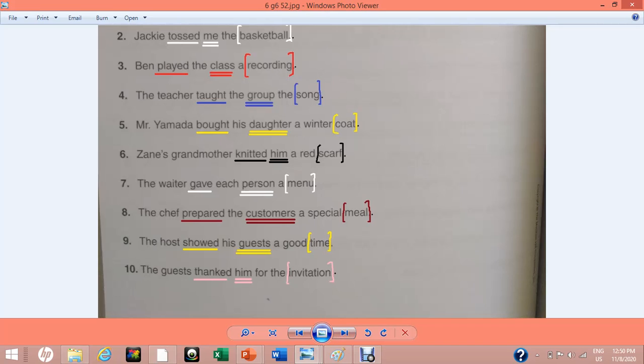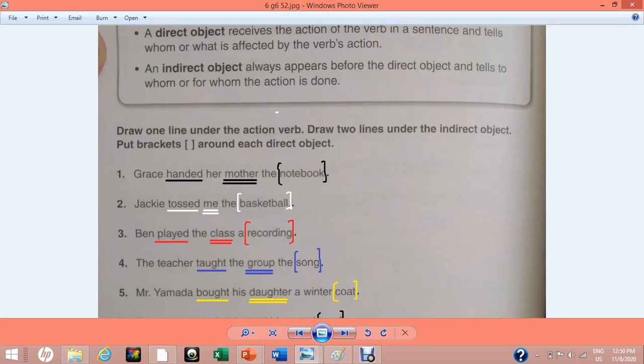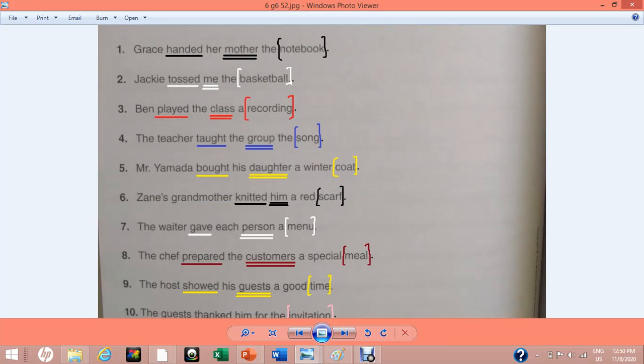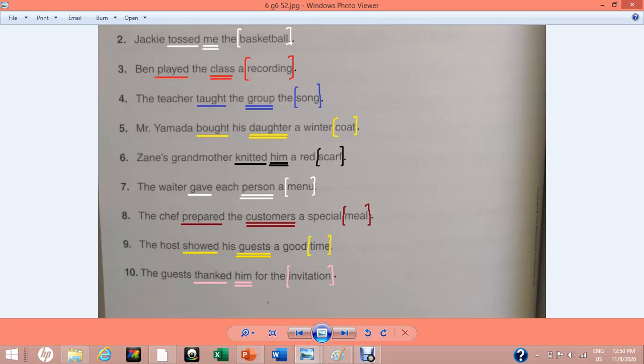Like number 6, Zane's grandmother knitted him a red scarf. Knitted is a verb, so there will be one line. Him will get two lines as it is an indirect object here. What about scarf? Scarf is a direct object. Like number 9, the host showed his guests a good time. Now, time is a direct object, while guests will become indirect object, and showed is a verb here.